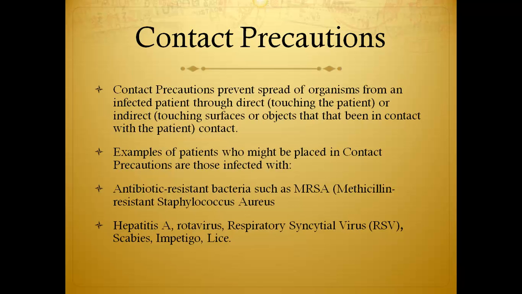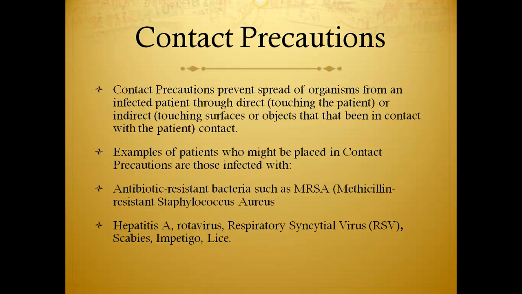So these are precautions where, in patients with MRSA, we would not want to spread the organism from direct contact. Contact precautions is just how it says: touching the patient or touching other surfaces in the room that have been in contact with the patient.